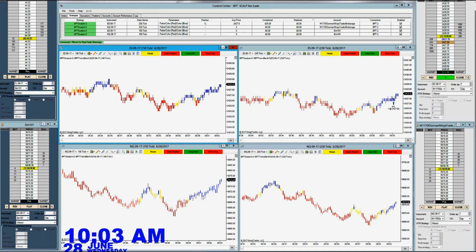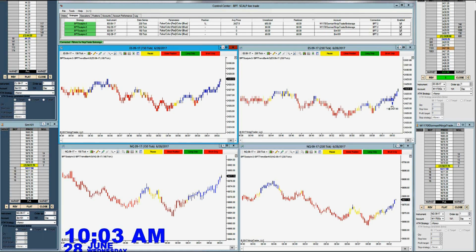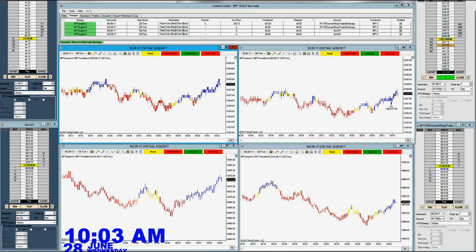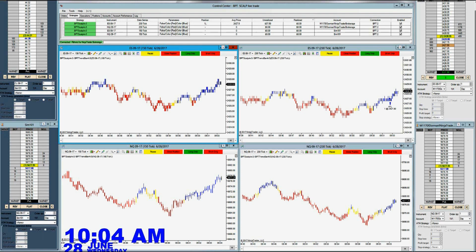By that time I recognized what was going on: I had the live account on 230, and I had the sim account on 150 ticks. And the laughable story is on the NASDAQ, and you will see what happened.